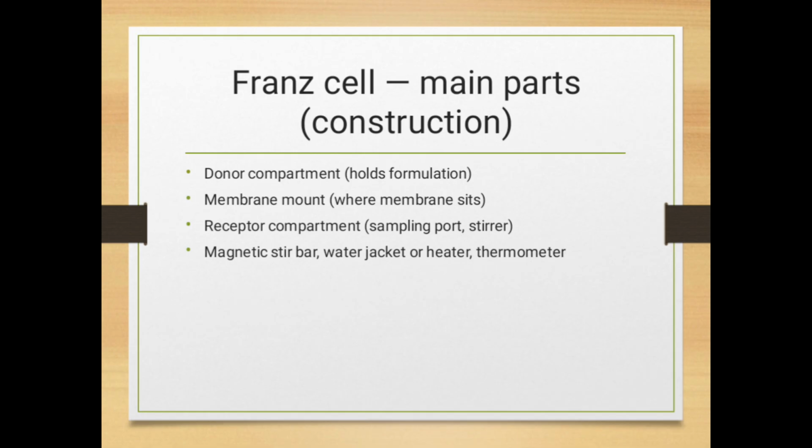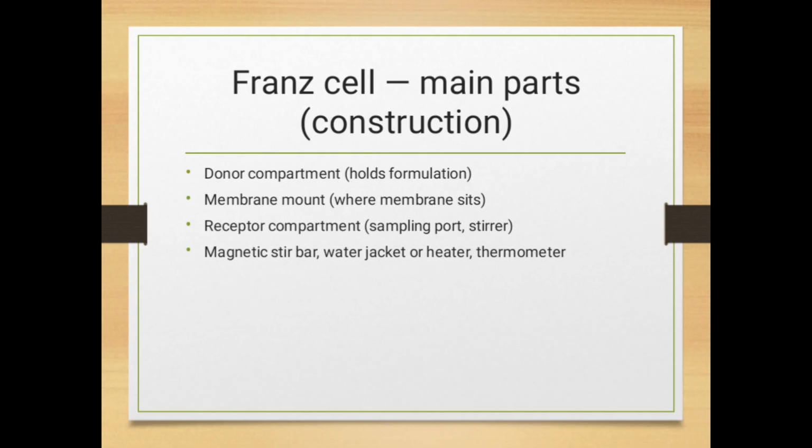So these are the main parts of Franz diffusion cell. It consists of a donor compartment, that is where you can place the formulation, right? It can be opened or closed depending upon your experimentation. Then the membrane, which could be a skin of a human or animal, synthetic polymer, or dialysis membrane.